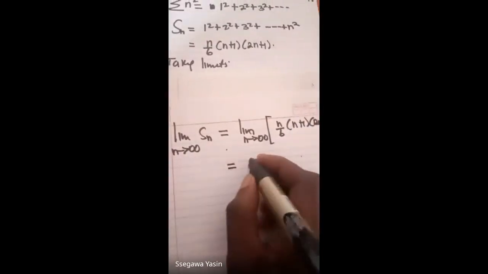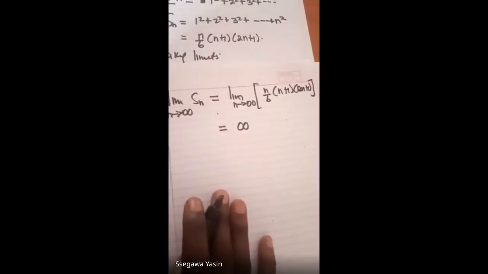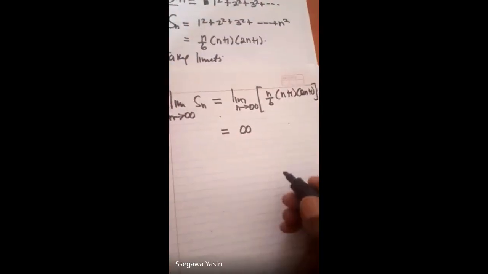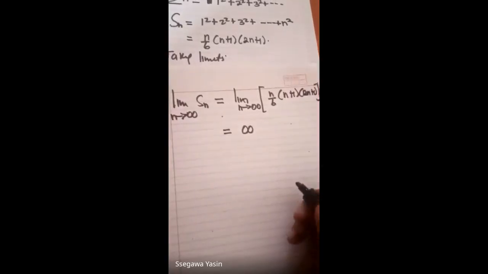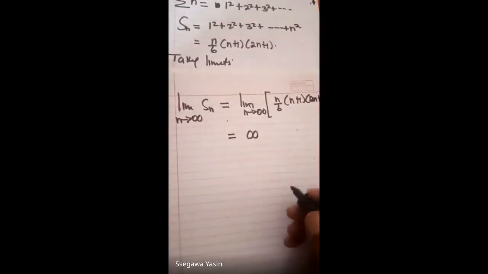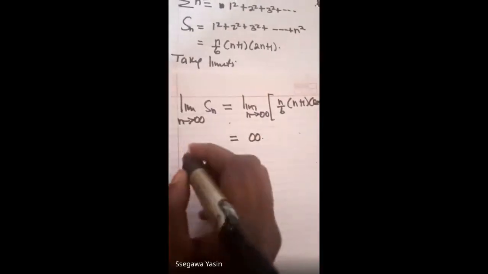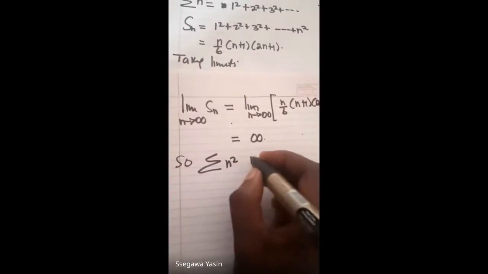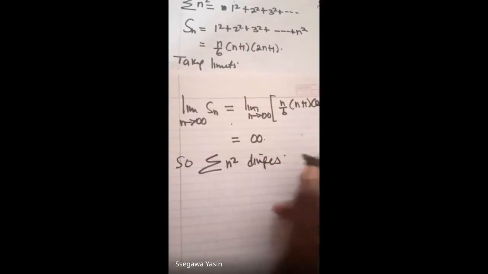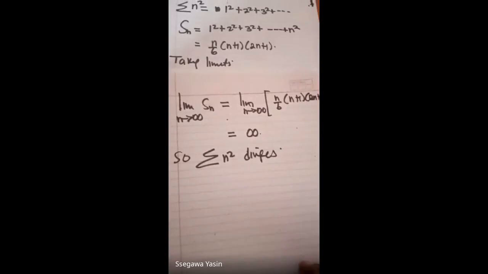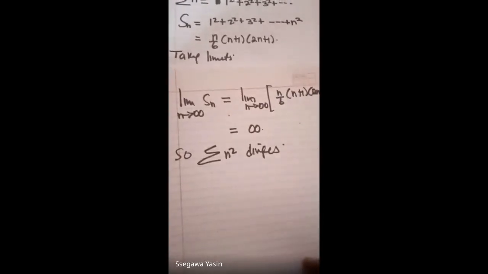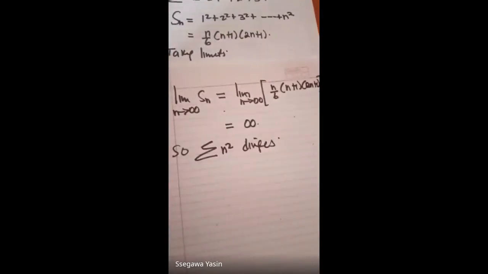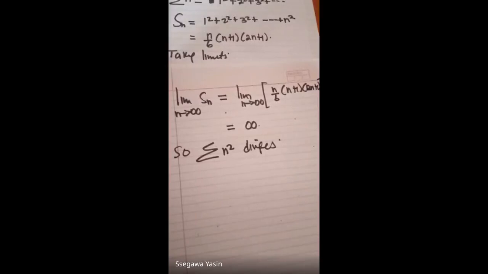And this one here will go up to infinity because there is no way we can carry out n when we take a limit. So it will keep increasing whenever we increase n. It will not converge to a certain value. And therefore, at this point, we can say it diverges to infinity. So this series of n squared diverges to infinity. And remember, when we say diverges, in most cases we say it diverges up to infinity. So that is the expression.